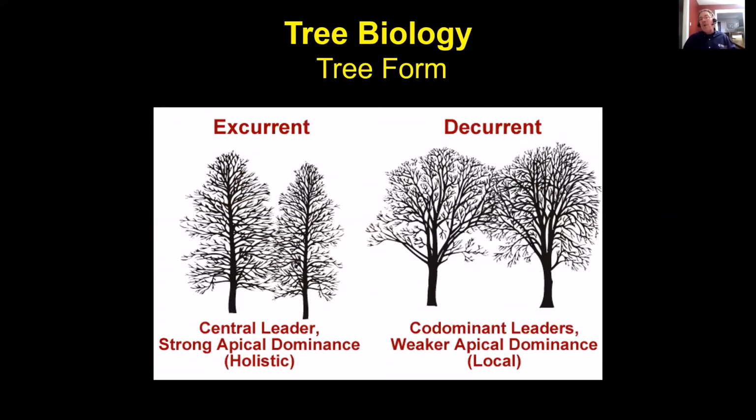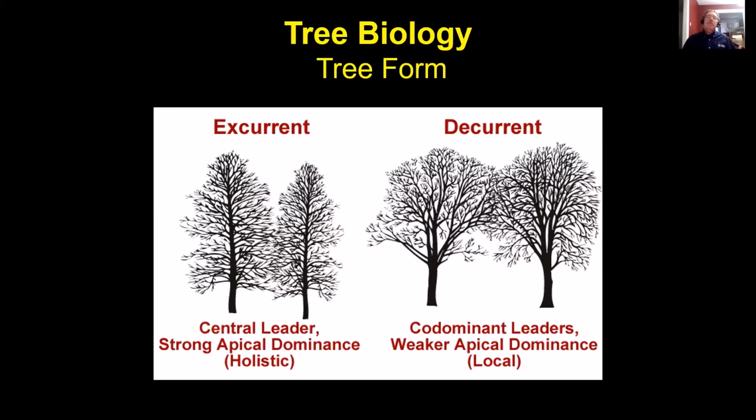And how much auxin and growth hormone is produced in the plant really sets these plants up for these 2 distinct forms, excurrent and decurrent. So excurrent, we think about species like spruce and pine and oak, especially pin oak, right? Black gum, sweet gum, tulip poplar, very strong central leader.